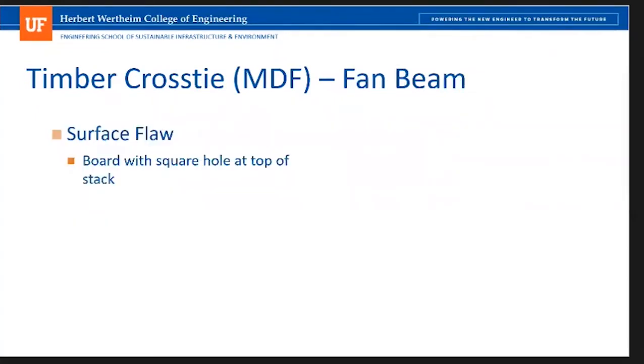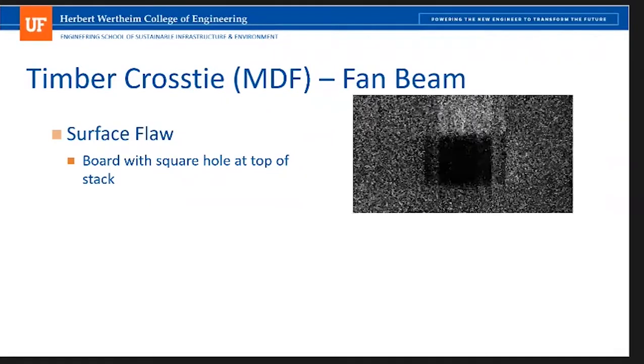So this is going to be our fan beam. We first start at the surface. That's our best case scenario, easy to pick up for us. This would be that flaw at the top position, and you get a high quality image out of that. You will note that there are brighter sections in some areas, off to the side of that flaw.